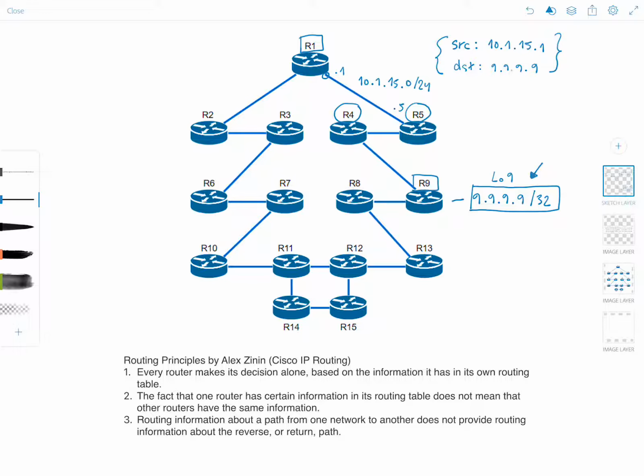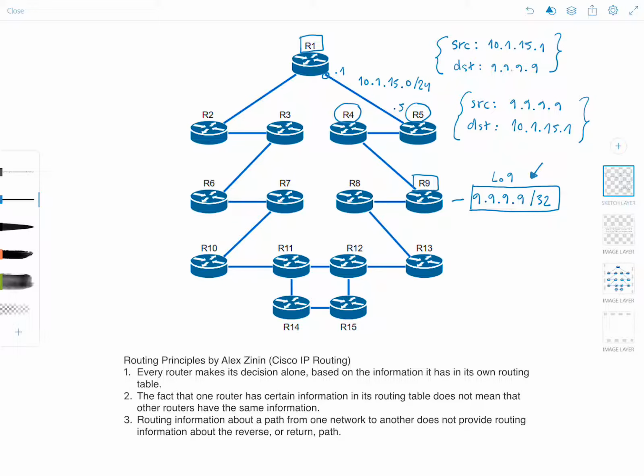So what we're looking at now is source 9.9.9.9 and destination 10.1.15.1.